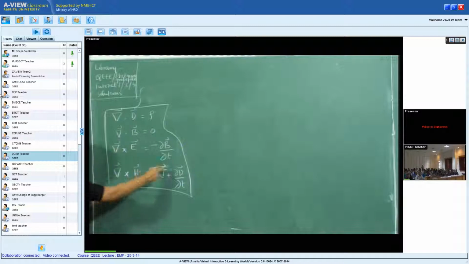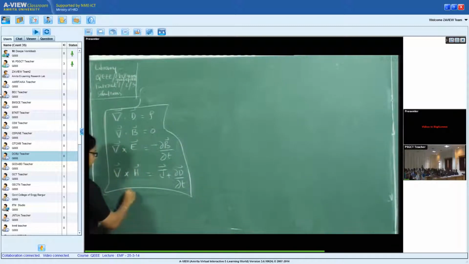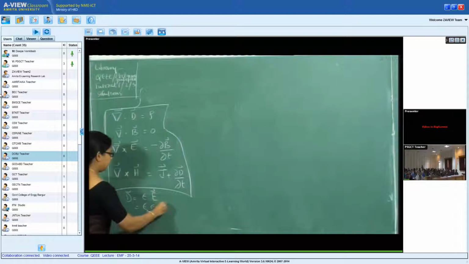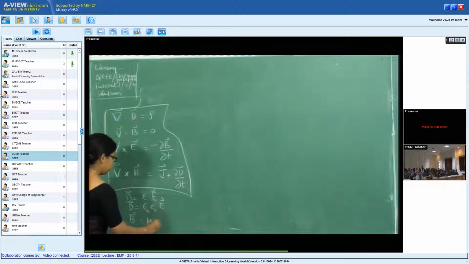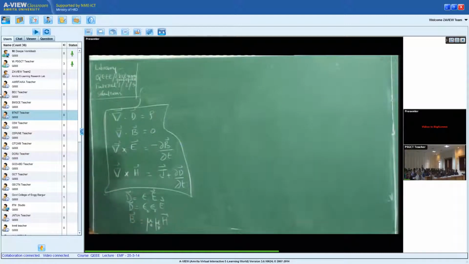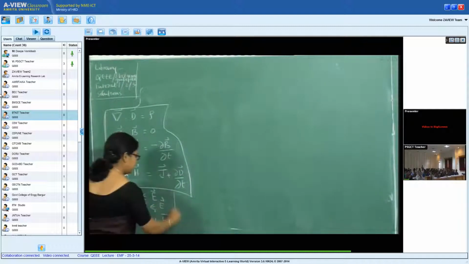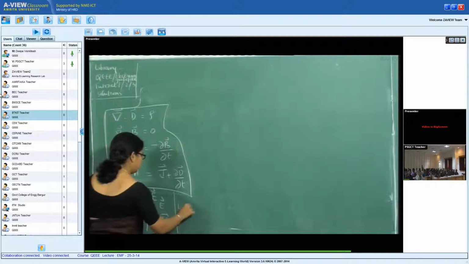Remember, when we say D, it is epsilon E, which is epsilon 0, epsilon relative permittivity, E, and B is mu naught mu r H. This is the permeability, and this is a linear relation for a linear medium.